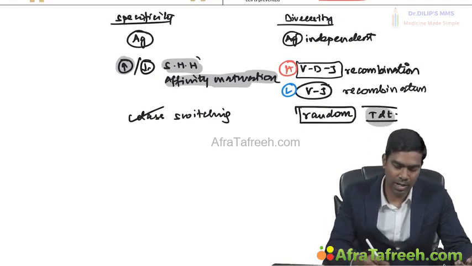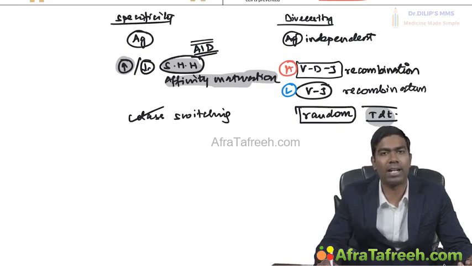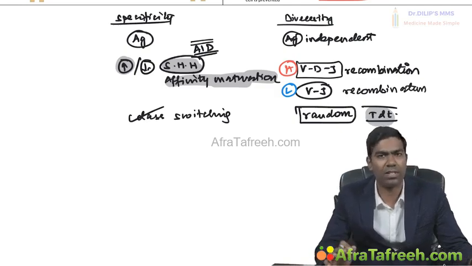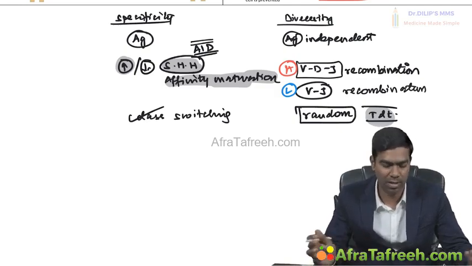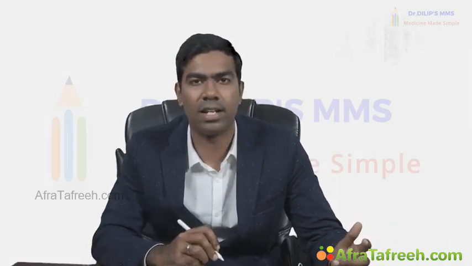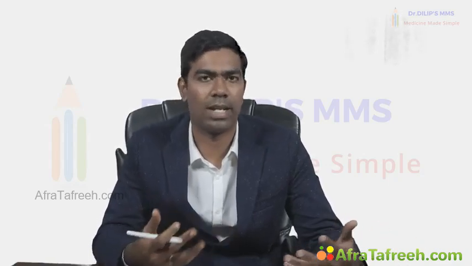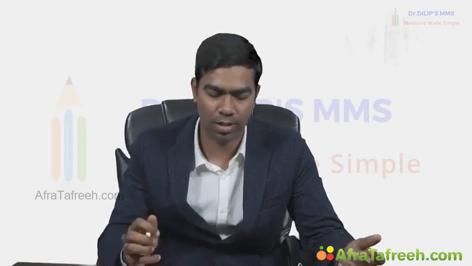But somatic hypermutation, this specificity, is through something called activation-induced cytidine deaminase. These are some of the differences between specificity and diversity. In general, remember, specificity is antigen dependent and diversity is antigen independent, and what are the processes and what are the enzymes involved in each, you have to understand.